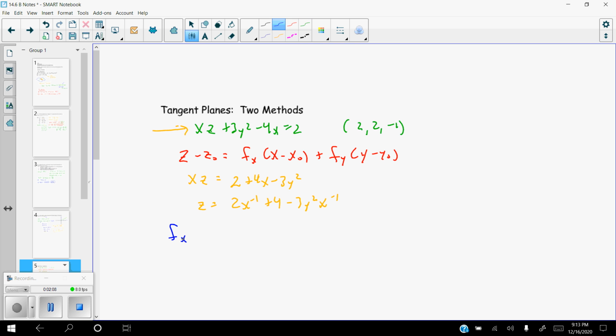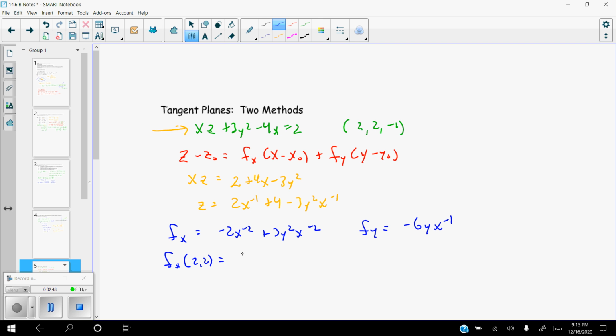The partial with respect to x is going to be negative 2x to the negative 2 plus 3y squared x to the negative 2. The partial with respect to y, the first two terms don't have any y's in them, so we're going to get negative 6y x to the negative 1. Then we have to plug our values in. We know that fx at (2, 2), I don't need to write the negative 1 since there's no z values there.